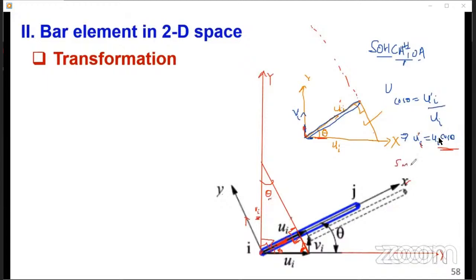So we can say sine theta is equal to opposite, which is u prime i over hypotenuse. Remember, we are using this right angle triangle. We are using this angle on the upper part of this element. So this side vi is the hypotenuse. Therefore, u prime i is equal to vi sine theta.